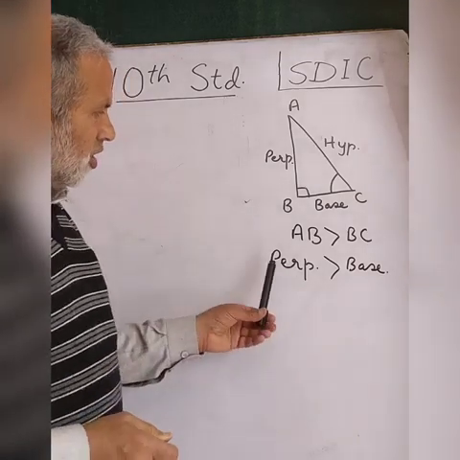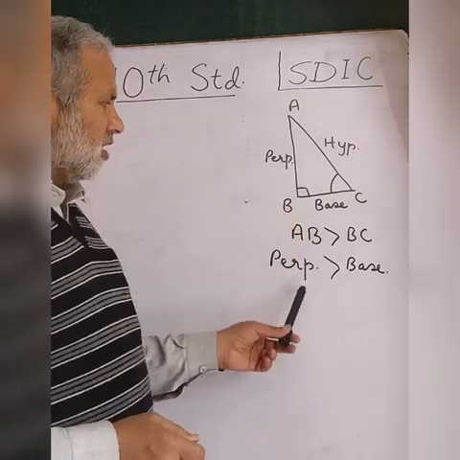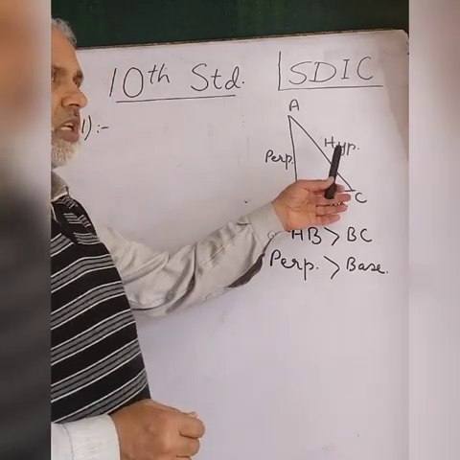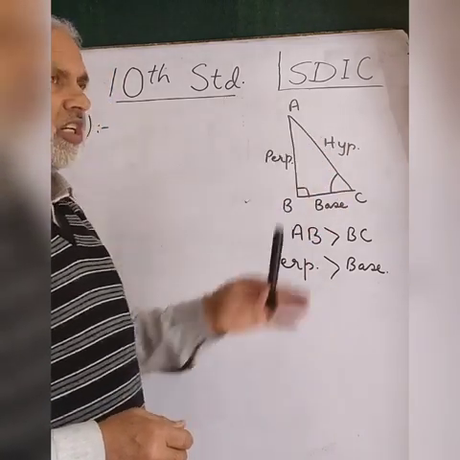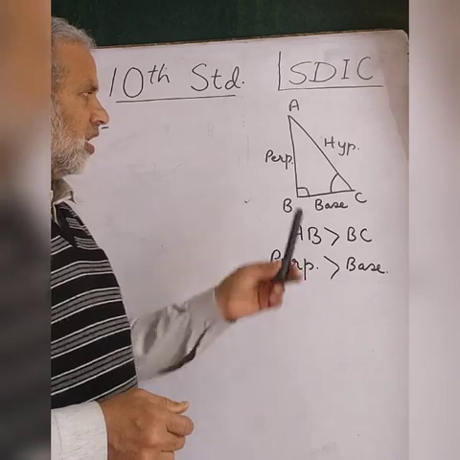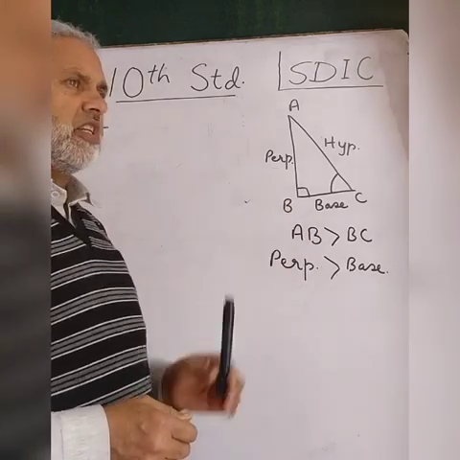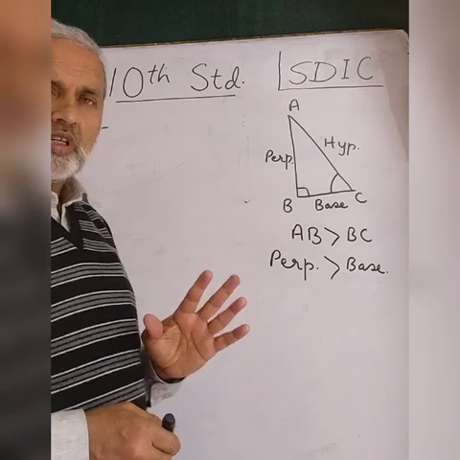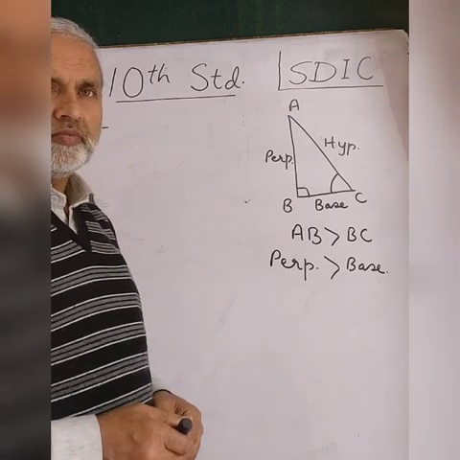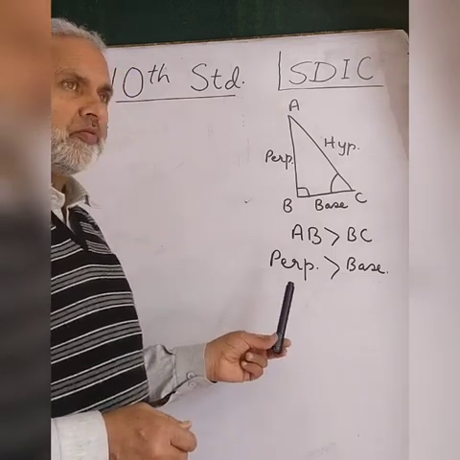But will it always be so that perpendicular in the right triangle is larger than the base? Hypotenuse is the largest one. Forget about that hypotenuse for the time being. Consider these two sides. Will perpendicular be always larger than base? It is not. The answer is no.